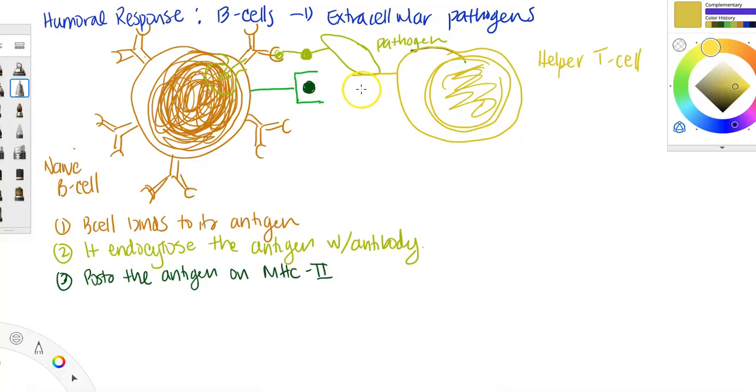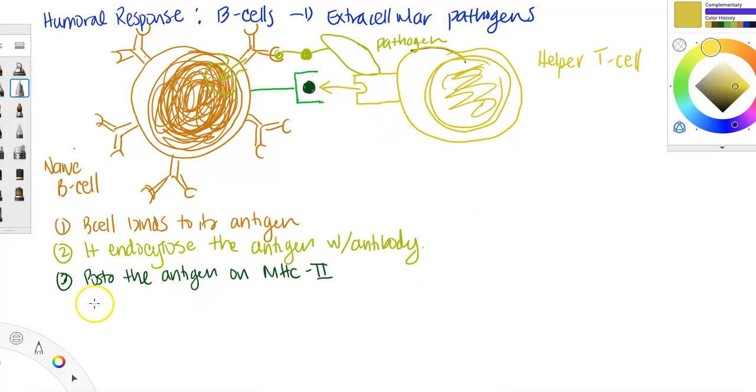Its T cell receptor is going to look something like that, so that it's going to lock onto this MHC with this antigen there. So it recognizes the MHC2, it sees its own antigen, and it's going to link there.